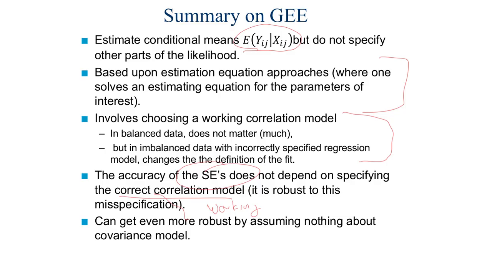And then, of course, you can go one step beyond GEE, in robust estimation of standard errors. So you can go one step beyond by not assuming the variance model. And there's ways to do that too.